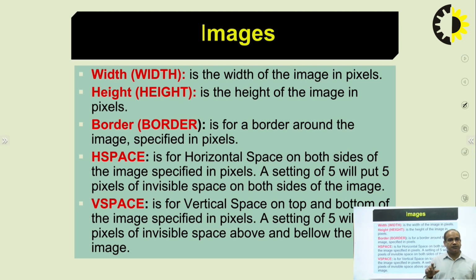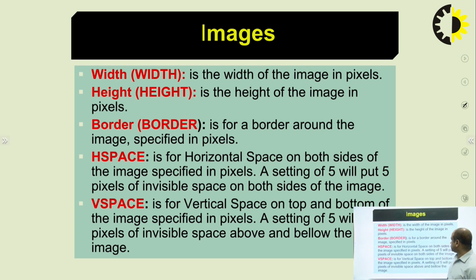So the image size will be reduced or stretched according to our need. Next is the border. Border represents the border around that image. That will be specified in pixels. By default it is 0 pixels, and if we wish to give any border value or border color, we can give it also. Also horizontal space and vertical space are there.